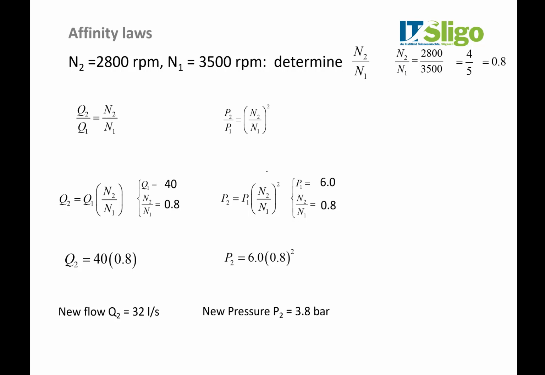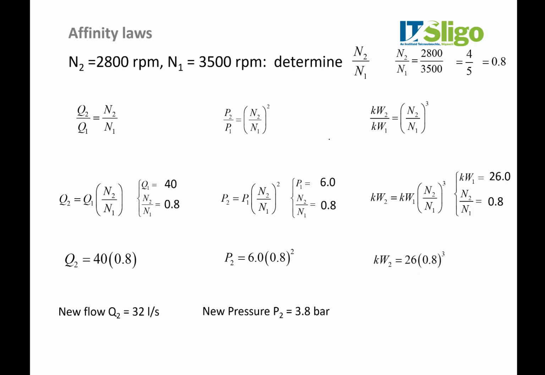And finally, we take a look at kilowatts. Again, we multiply both sides by this to bring it up, so we just have the new kilowatts on its own. Feed in our values. The old kilowatts was 26. This relationship, new speed over old speed, is 0.8. Do the maths.